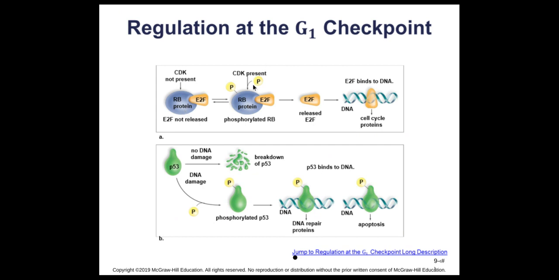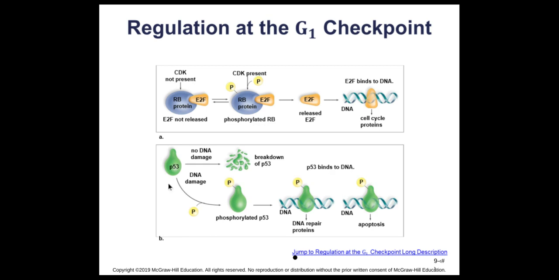But then we can add phosphorus with this special other protein. This cyclin-dependent kinase enzyme adds phosphorus, releases our factor. Our factor can then go and bind to our DNA.